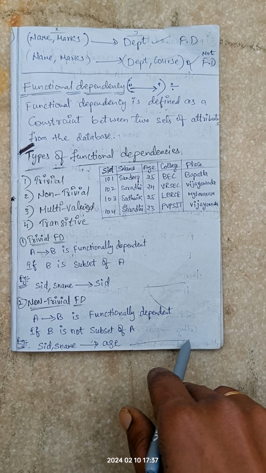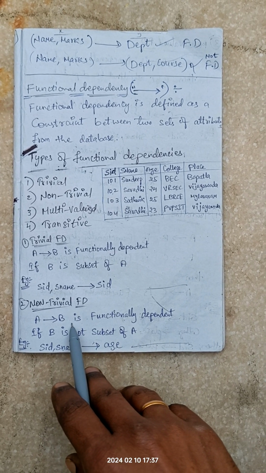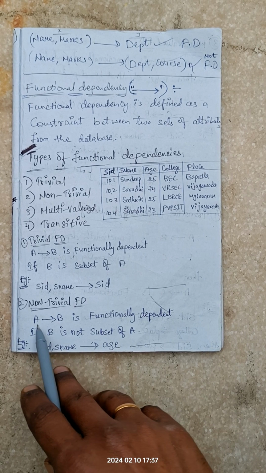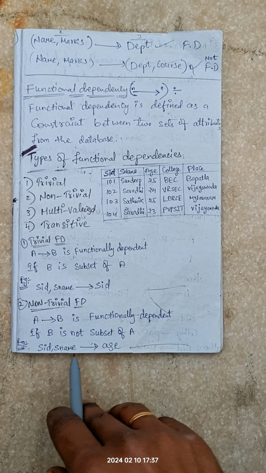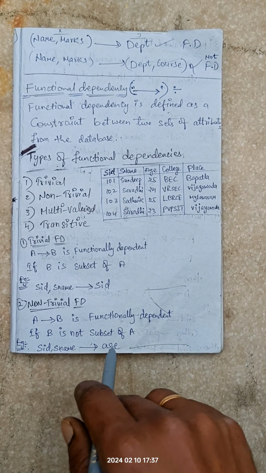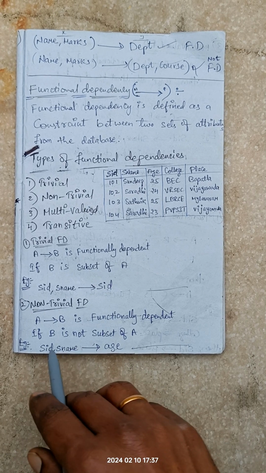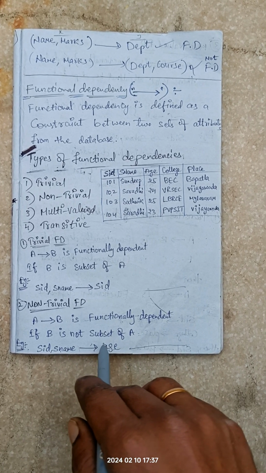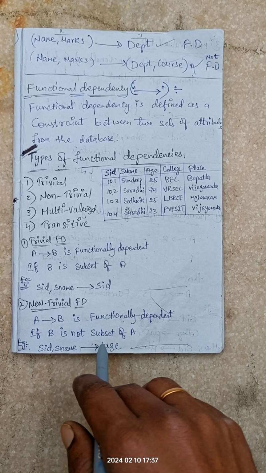We should write here, is functionally dependent. We consider sid comma s name as A and age as B.